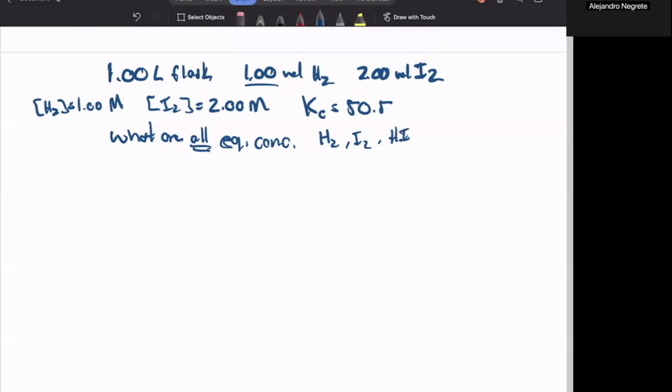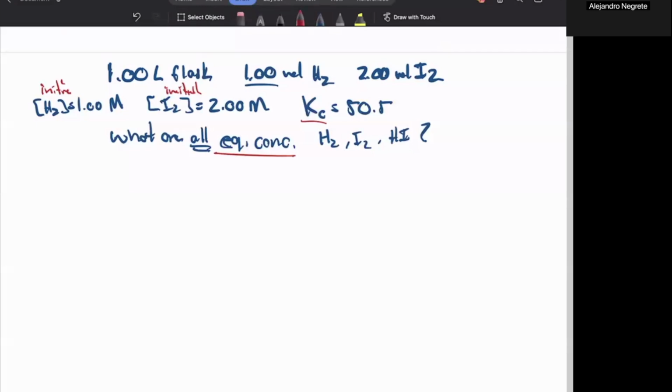In molarity. So again, this is initial concentration, just as a reminder. This is also initial concentration. And it's asking us to calculate the equilibrium concentrations based on K sub C, not Q, but K sub C.